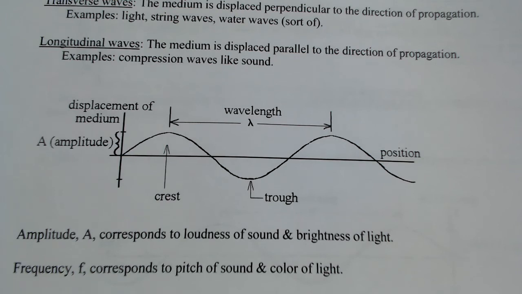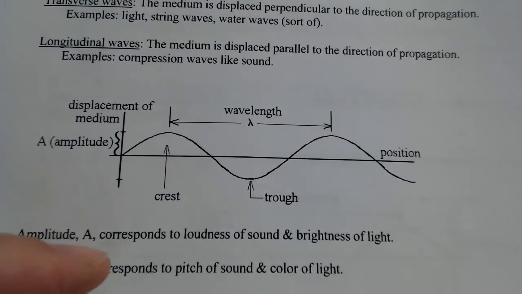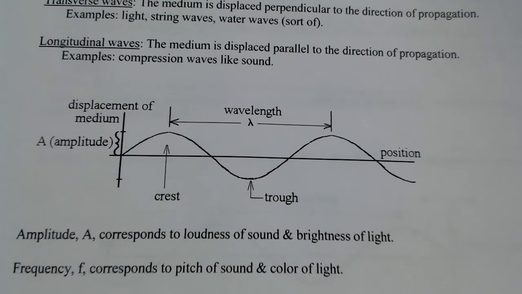As for other terminology, amplitude, frequency, period, that all carries over from what I said about vibration. The medium vibrates as the wave goes by. And so all of the terminology for talking about vibration applies if it's a periodic wave. I mean, you can have just a single pulse.